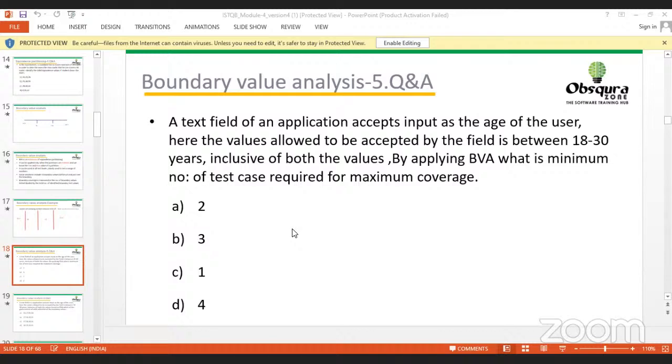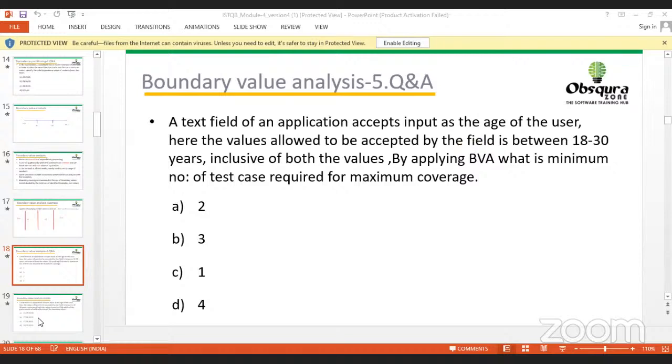For maximum coverage, we have to test these 4 values, right? So 4 by 4 gives 100% coverage, so the option will be D. That is, 4 test cases are required for the maximum coverage. Everyone, it is clear, right? Can I proceed to the next question?